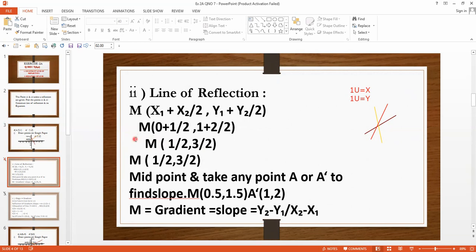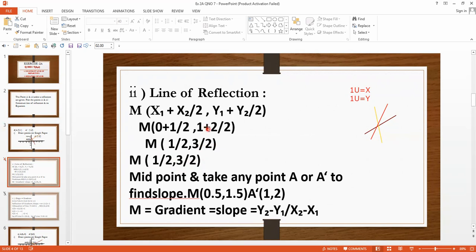In part D and onward, we have to find its midpoint, and the formula is very easy. You already learned it in the first term. You take x1 plus x2 divided by 2, and similarly y1 plus y2 divided by 2. Clear? So after solving, I get the midpoint: 0.5 and 1.5, or you can say half and 3 by 2.